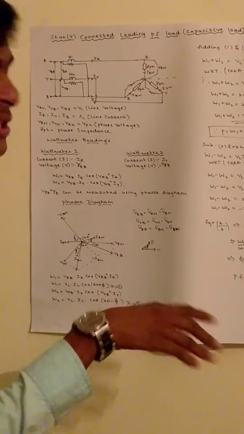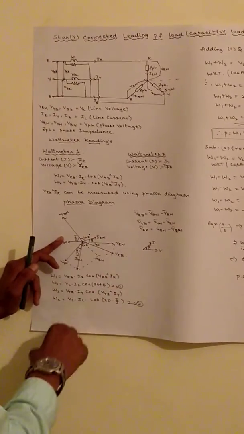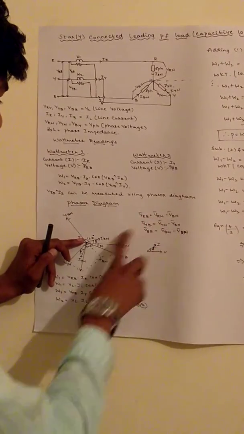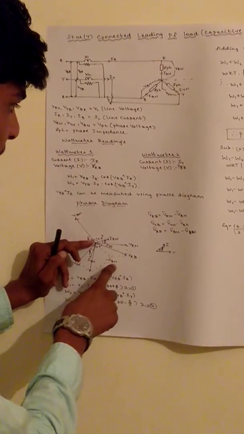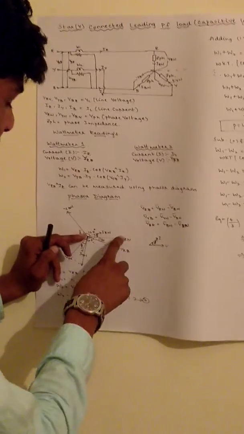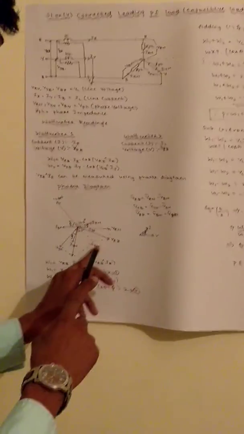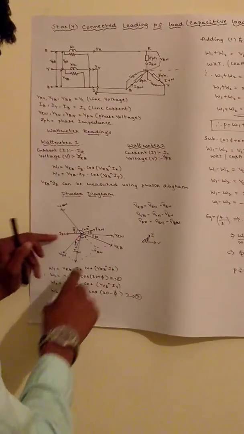As we know, in a capacitive load the current leads the voltage by an angle phi. From this concept, for VRB we take VRN minus VBN, so we take the opposite of VBN. Through the parallelogram law, we get the resultant VRB at an angle of 30 degrees from VRN.